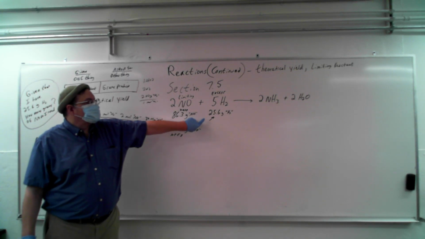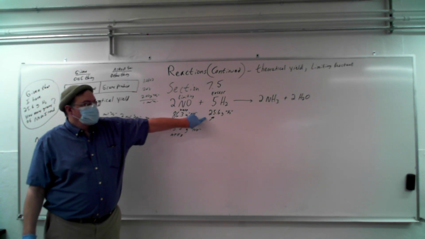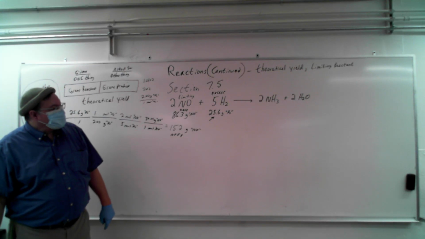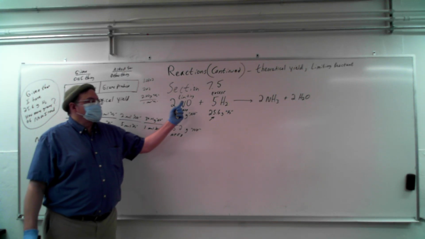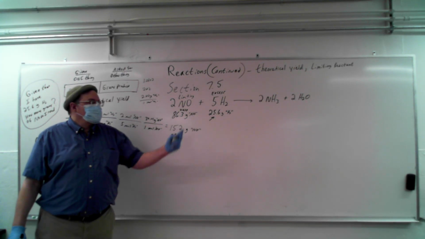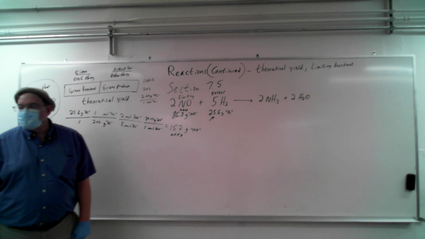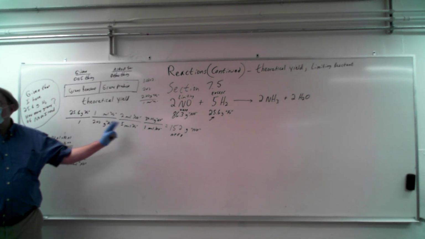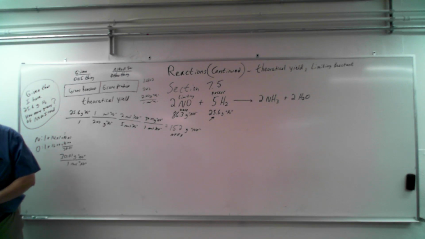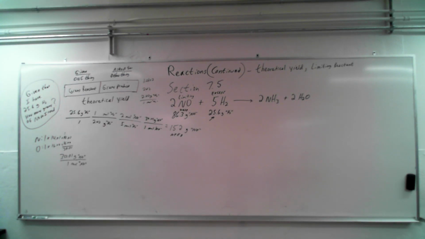This is what was given in the problem, these two values. Since we don't have enough, this is limiting, which necessarily makes that excess. We come to the same conclusion regardless of which of the reactants we go through this process with. Is that going to ask you for a numerical value?